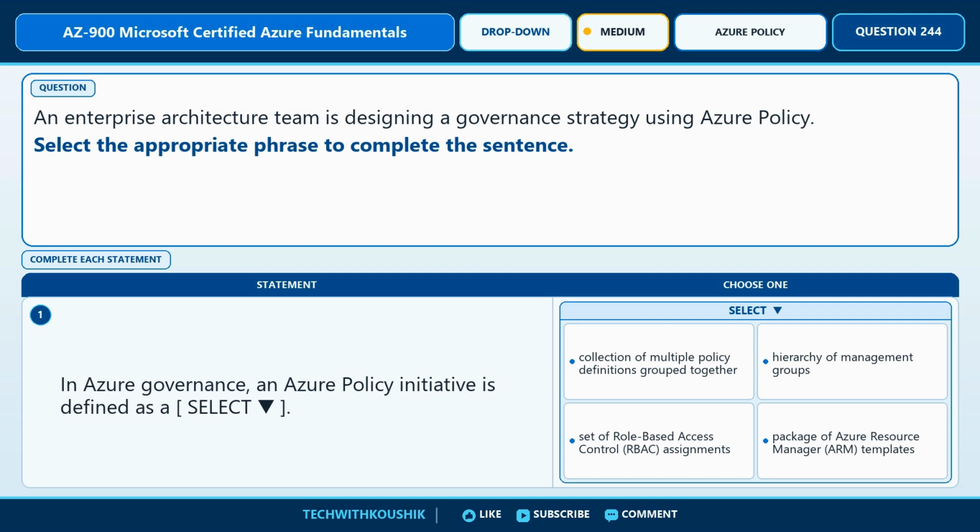In Azure governance, an Azure Policy initiative is defined as a blank. Your choices are 1. Collection of multiple policy definitions grouped together, 2. Hierarchy of management groups, 3. Set of role-based access control, RBAC, assignments, or 4. Package of Azure Resource Manager, ARM, templates?